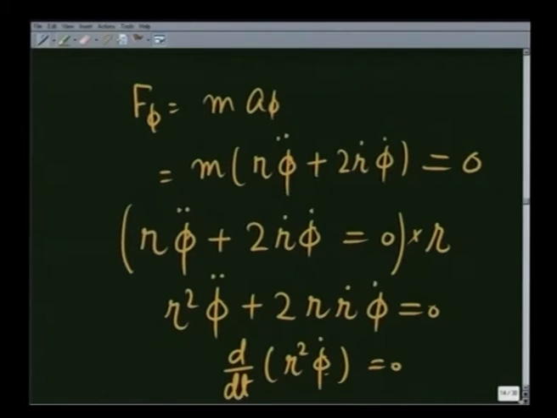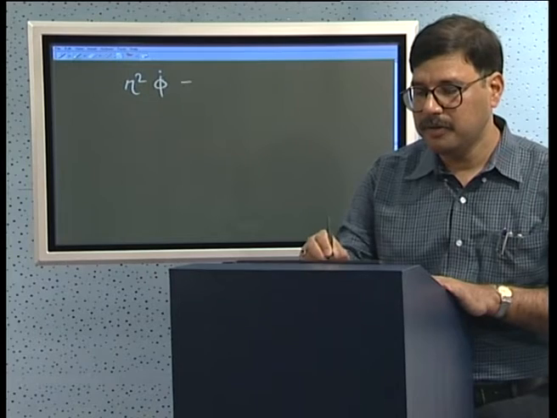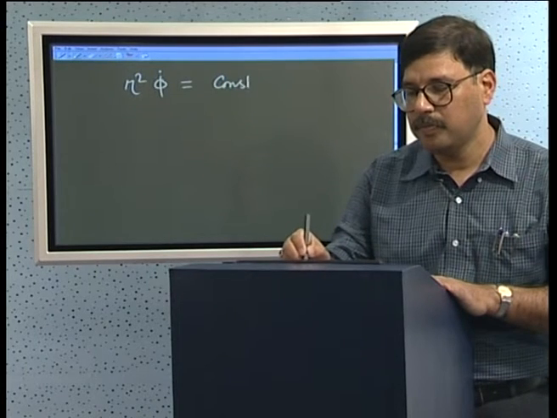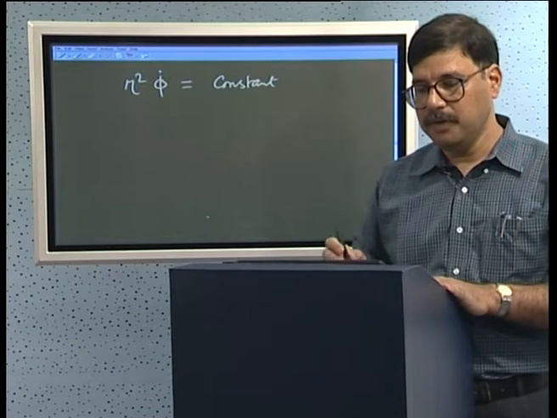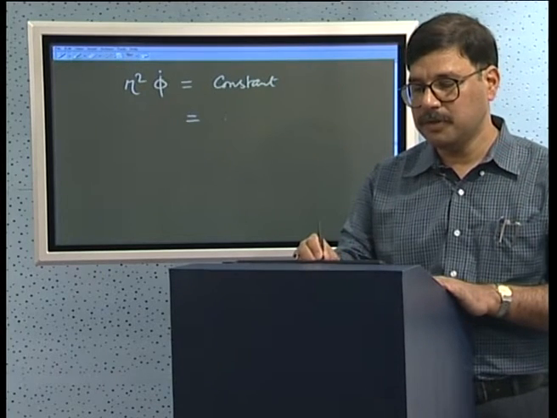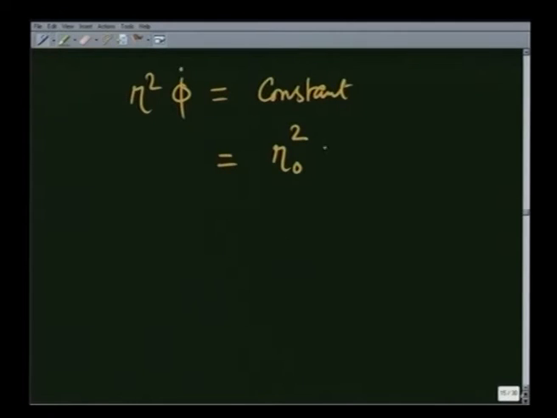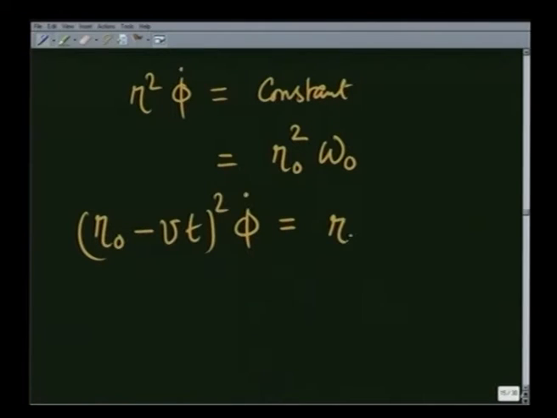Since the derivative of r square phi dot is 0, r square phi dot is a constant. So, if the initial position was r 0 and its initial angular speed was omega 0, this remains fixed. As I already told you, r changes according to r 0 minus v t, therefore r square phi dot is going to be equal to r 0 square omega 0.